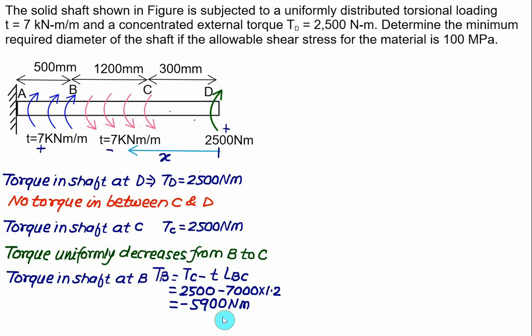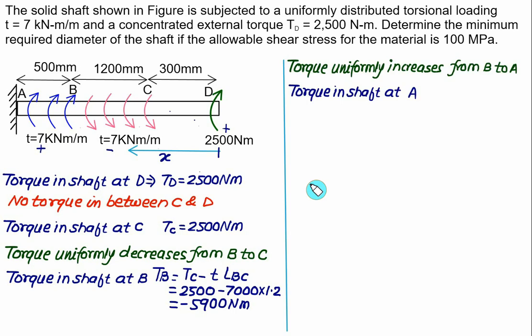So torque at D is 2500, torque at C is 2500, torque at B is minus 5900 Newton meter. Up till now the absolute value of the torque is maximum at point B, but you have to continue this up to point A also. Between A and B the torque is increasing because it acts in the same direction of 2500, so you have to treat this value as positive. Again T is equal to 7000 Newton meter per meter, and the length is 0.5 meter. Previously at point B the torque is minus 5900.